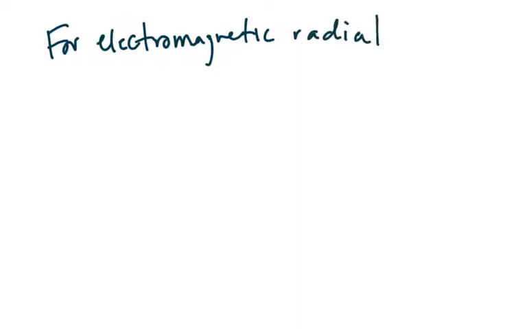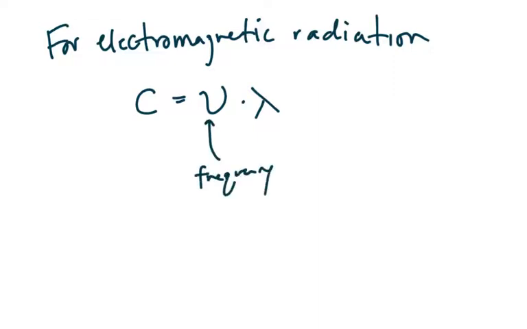So for electromagnetic radiation, which I might just be calling light from now on because that's the long name, but it's the same thing. This is for light. We have an equation, right? C is equal to nu times lambda, where nu is the frequency, and this would be typically in inverse seconds, which is hertz.